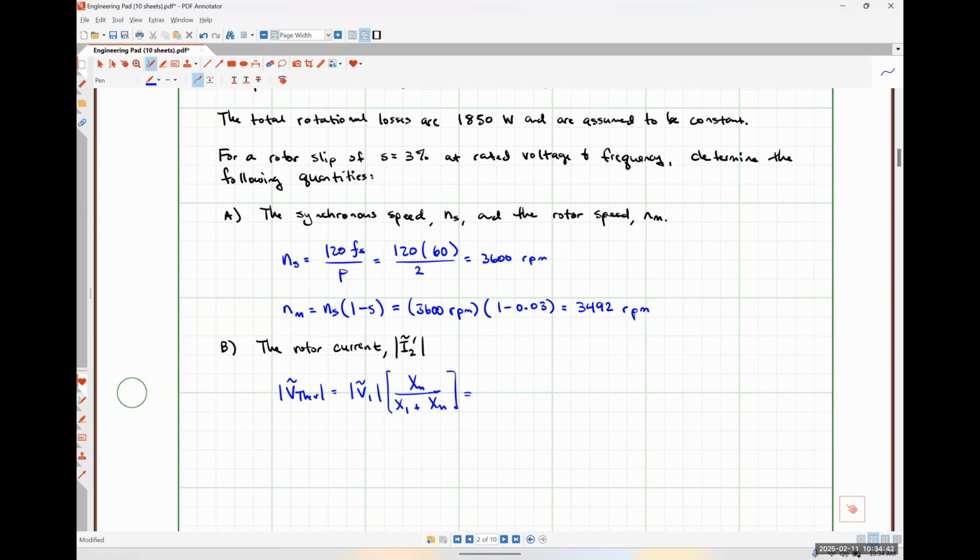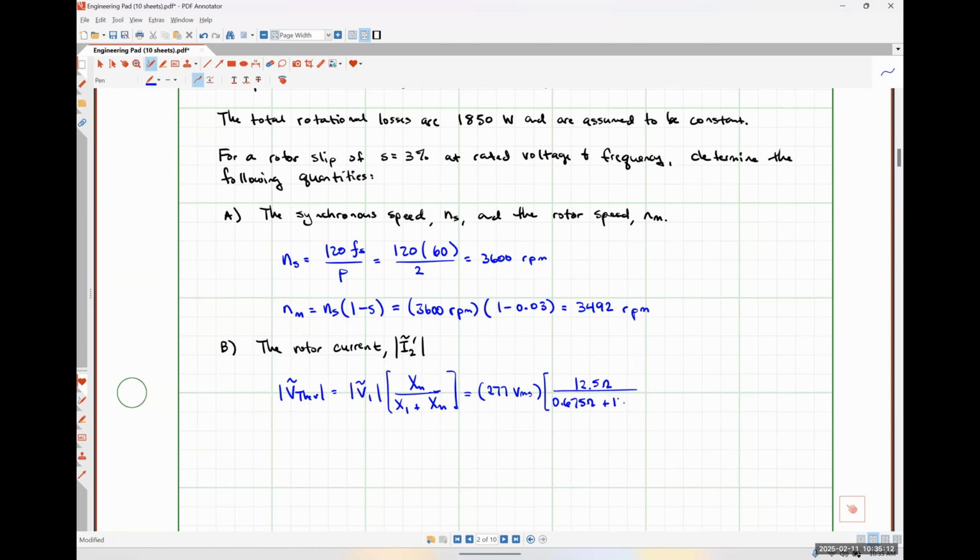What is the magnitude of our applied voltage that we're going to use here? 277, because our equivalent circuit is a Y-connected equivalent circuit, so 277 volts RMS. XM was 12.5 ohms. X1 was 0.675 ohms.